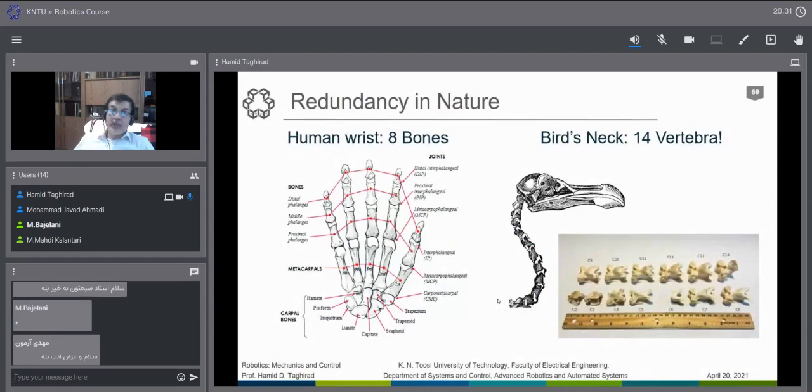Of course, it should be beneficial to have extra actuation degrees. And in the human wrist, we consider 8 bones for the 3 degree of freedom motion that we require in a wrist.